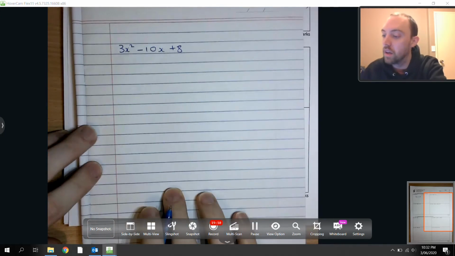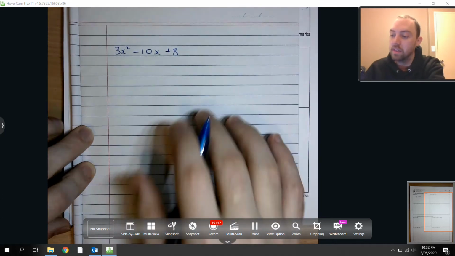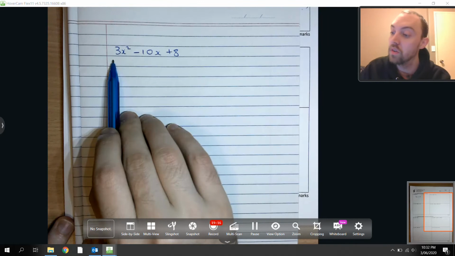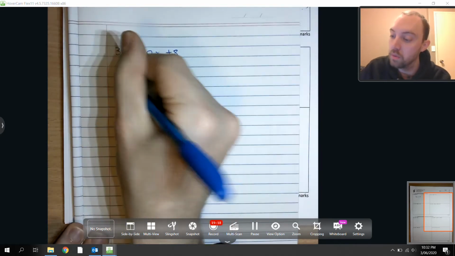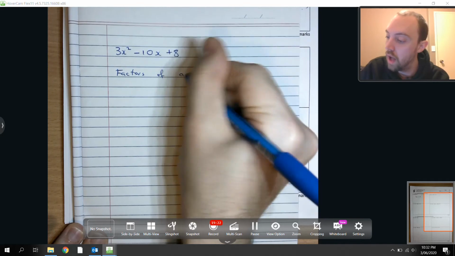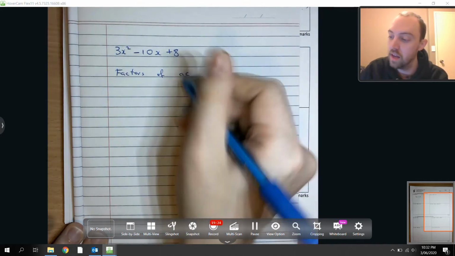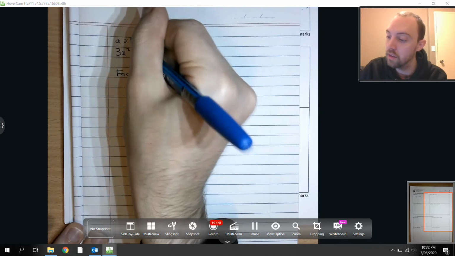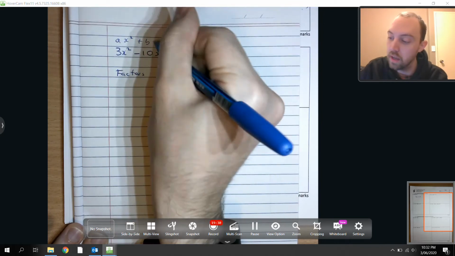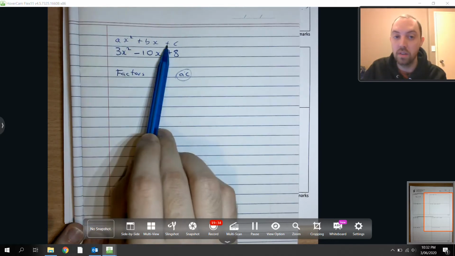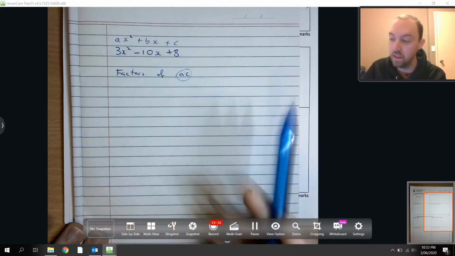If you're happy with the table, skip ahead. If you'd like to see the other way, stick around. So what we're doing is we're going to be looking for factors of AC. AC is a number. Remember that my quadratics look like ax squared plus bx plus c. So a is 3, c is 8, positive 8.